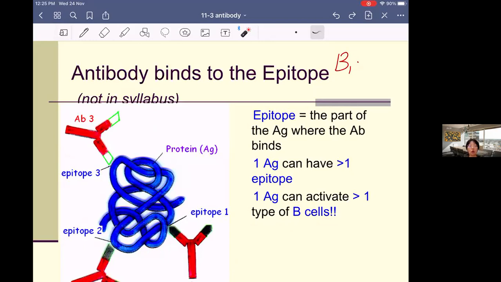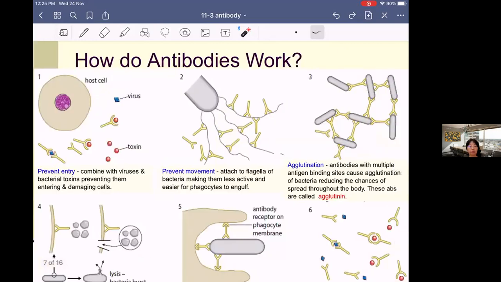Activated means they undergo clonal selection and clonal expansion. 3 different types means 3 different clones of B cells can be activated here. This illustrates that antibody size can be similar to the size of the antigen, so it cannot bind to the whole antigen, only to the epitope part. That causes more than one antibody to be produced against one antigen. Just for your information.